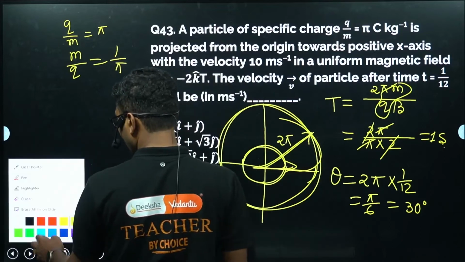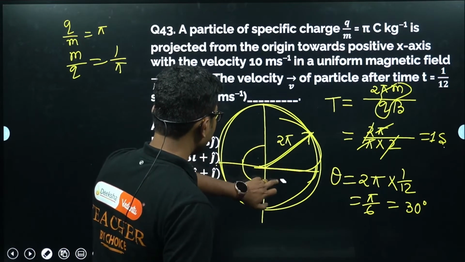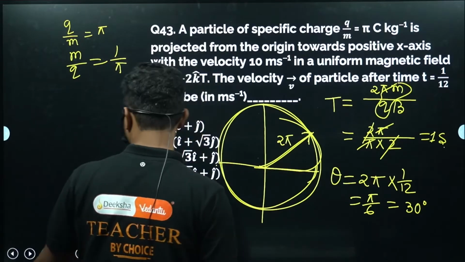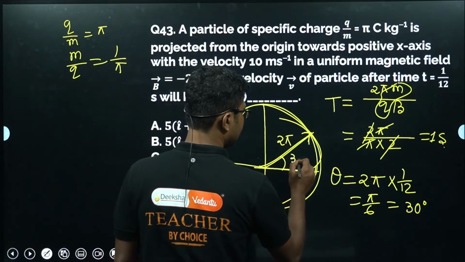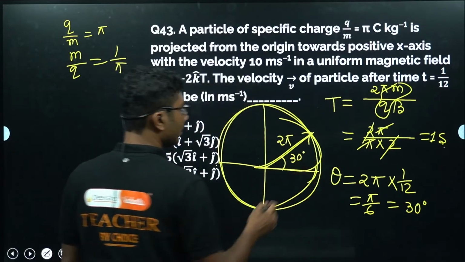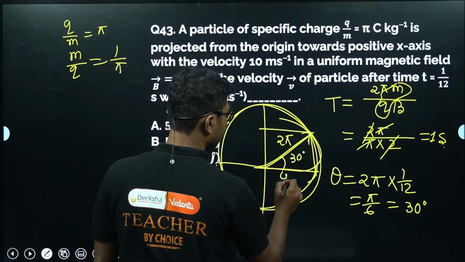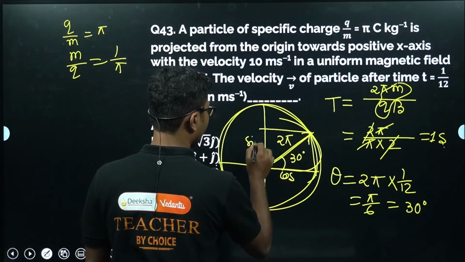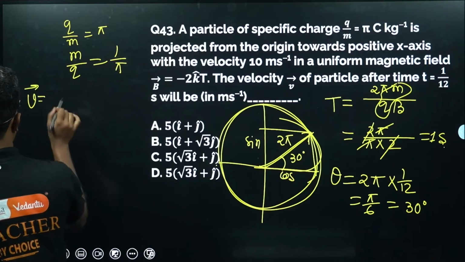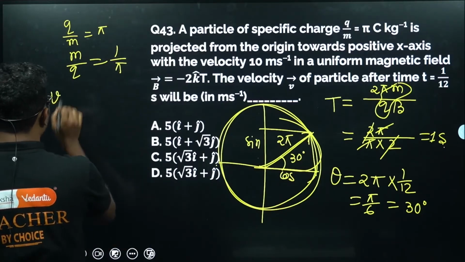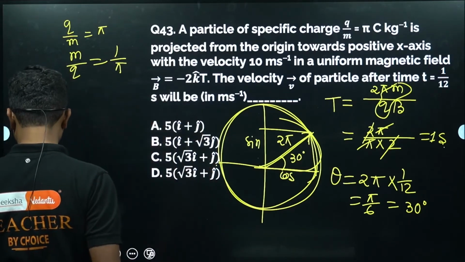The angle rotated by it, what will be the angle rotated by it? This angle is 30 degrees. Now, what is the component then? The velocity will be this and this, right? This is cos theta component and this is sine component, right? So, the velocity vector will be v, that is 10.